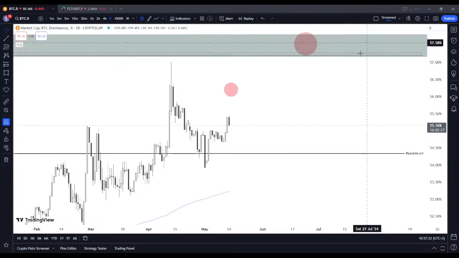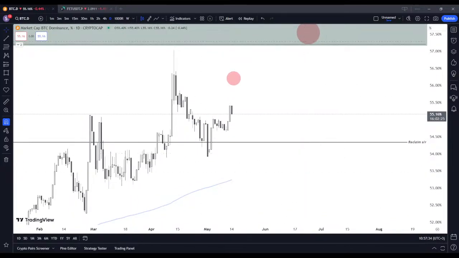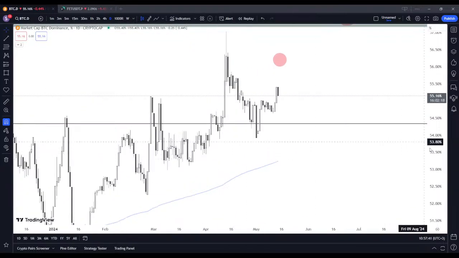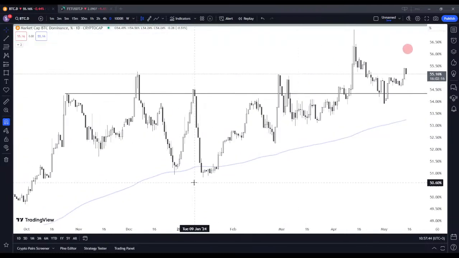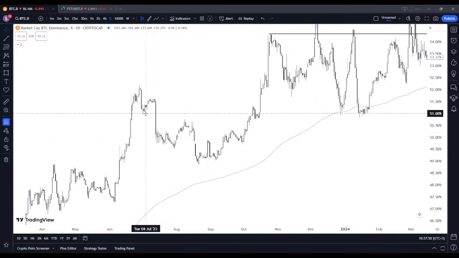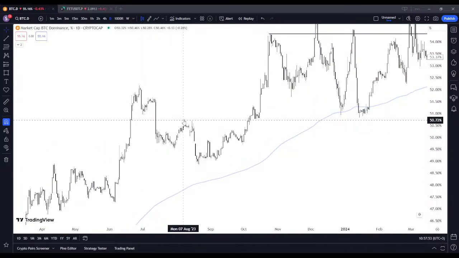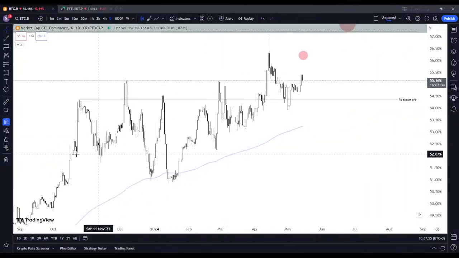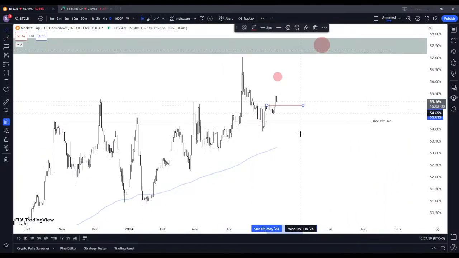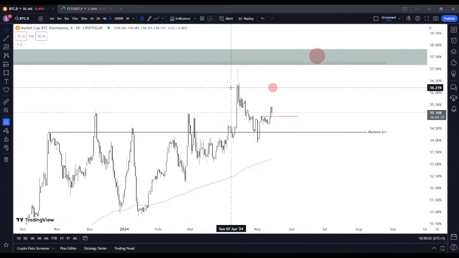Daily speaking, we have a big ass W. One thing that you should keep in mind about Bitcoin dominance is that it loves Ws and Ms in the same manner. So if you see a W on Bitcoin dominance, bet that the price is going up. If you see an M on Bitcoin dominance, bet that the price will go down. So this is just a bullish retest here. What does that mean? I want to long alts on a bullish retest on Bitcoin dominance?